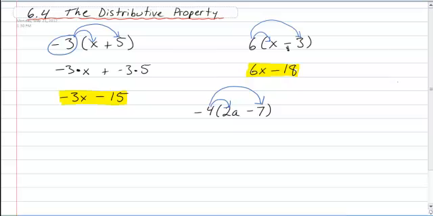And so what that becomes is negative 4 times 2a is the same as saying negative 8a. And we have negative 4 times negative 7. A negative times a negative is a positive, so our answer is positive 28. So we have negative 8a plus 28 is the expanded expression. And that's what you're looking for using the distributive property.